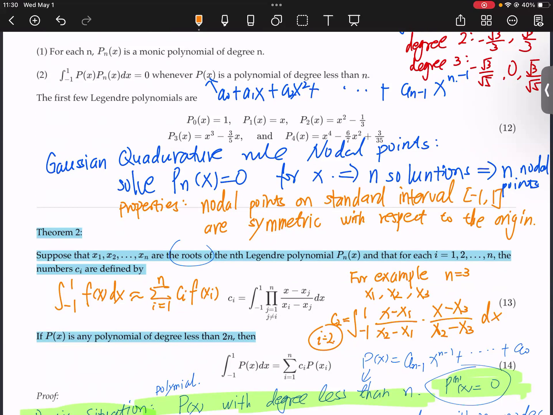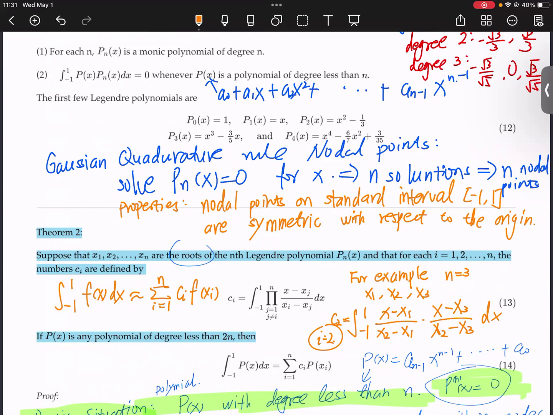This is something maybe person A found in the 19th century, and later someone in the 20th century found that we can achieve the highest degree of precision with such a quadrature rule, the 2n minus 1 precision.